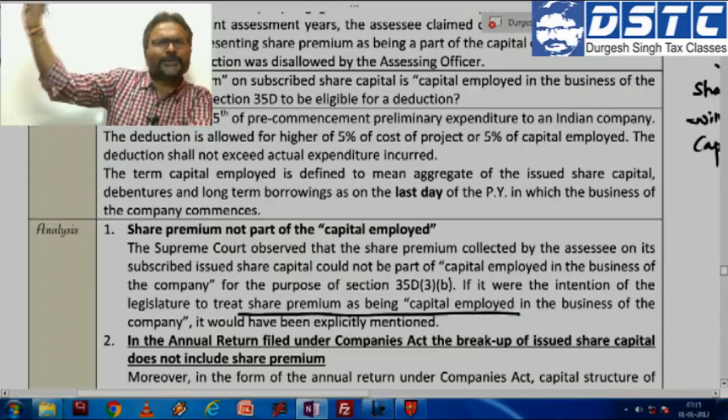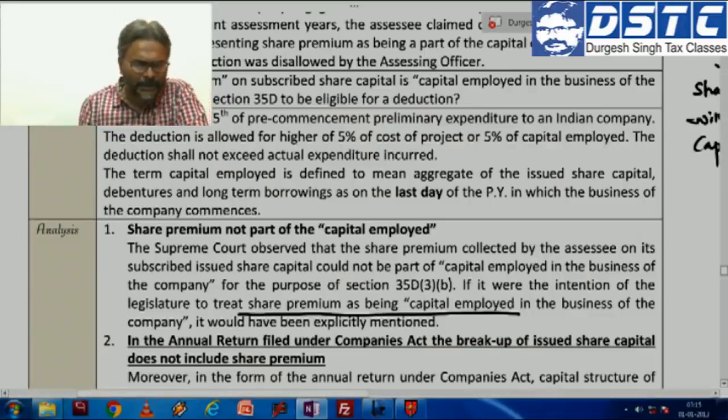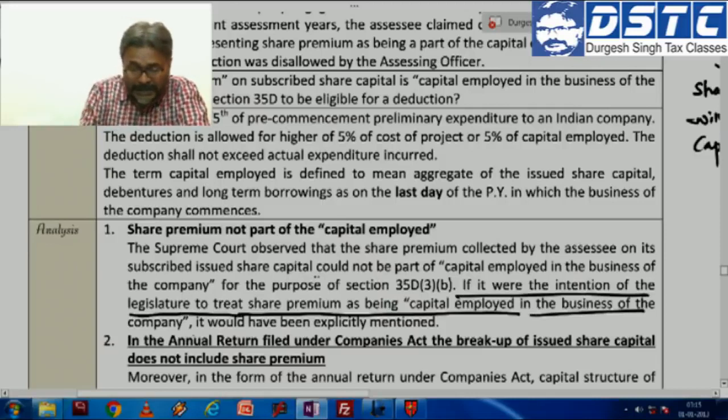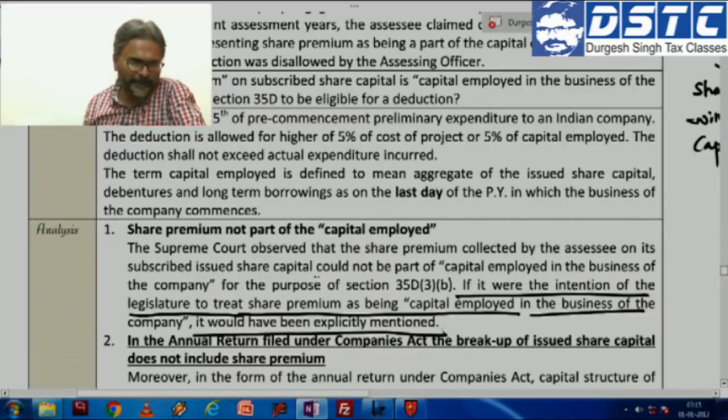They only say share capital, that's all. Share premium has not been mentioned at all. So the first point is, if the intention of the legislature was to treat share premium as being capital in the business, it would have been explicitly mentioned. This is your first point that you are supposed to write.